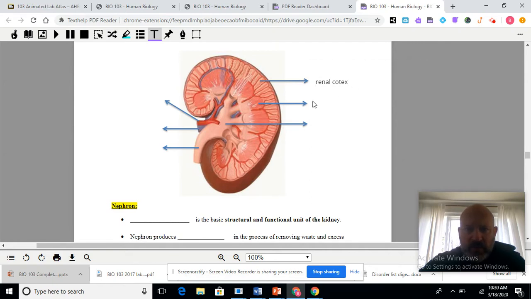And we have the medulla just deep to that. And we have the renal pelvis. Over here we have the renal artery.